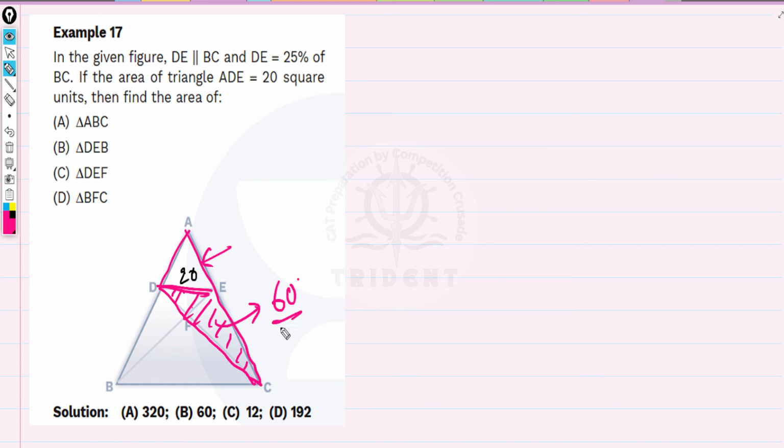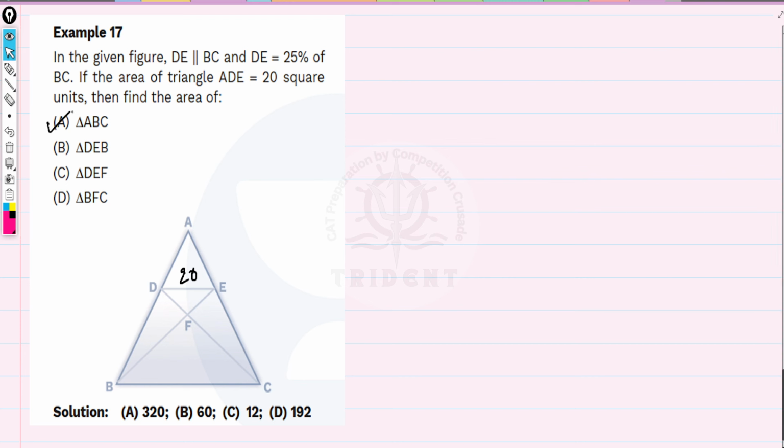Okay, so if this is 60, the other part which is obviously going to be 60 because it's a regular figure and everything seems to be equal, so DEF as well as DEC equals 60 square units is the area of this part. I hope that made sense. Now we have been able to solve these 2 questions very effectively.